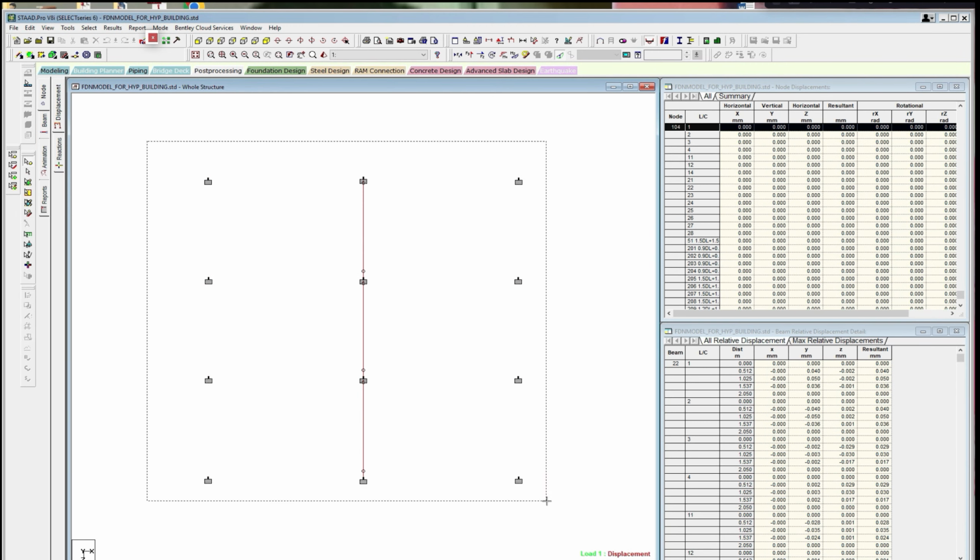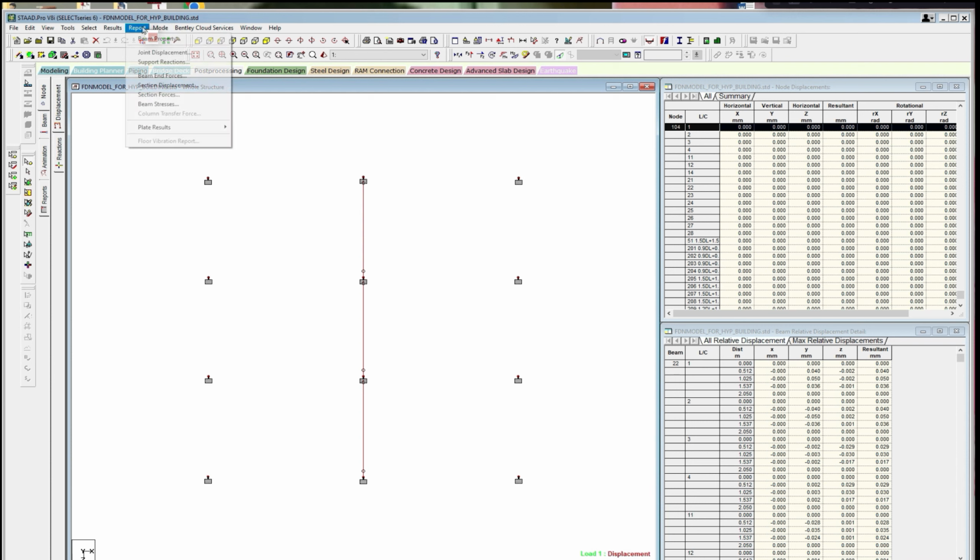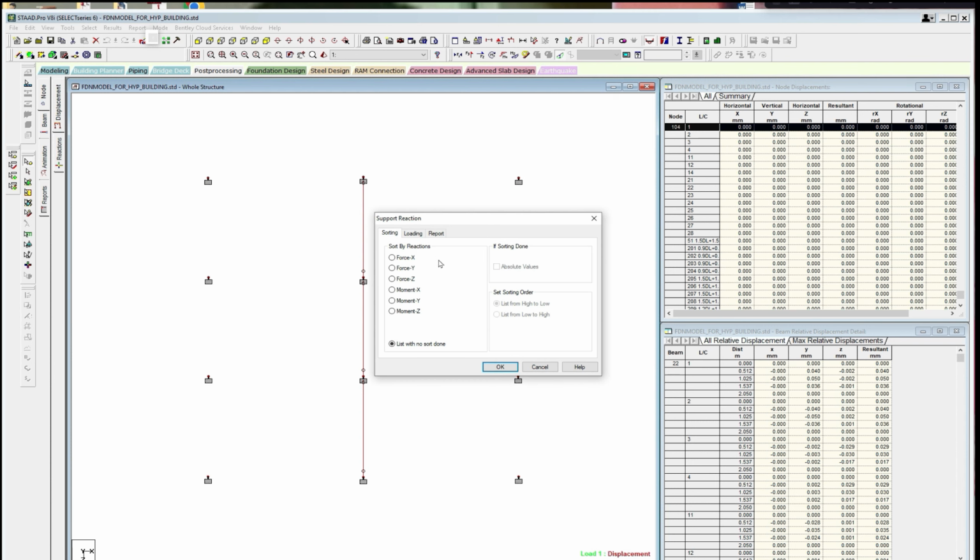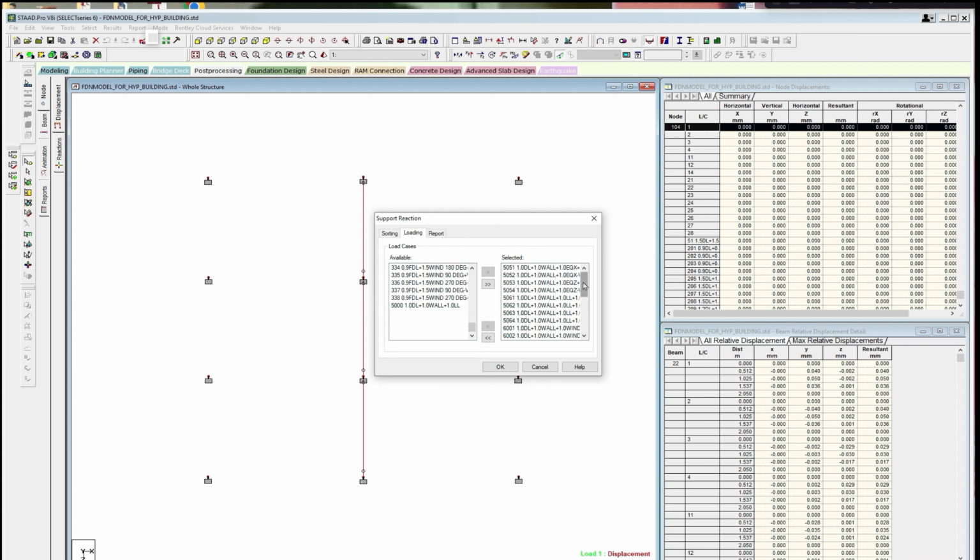Again select all the nodes, report, support reaction, loading. From 51 to 606, these are all lateral load cases which involve both earthquake and wind load cases.